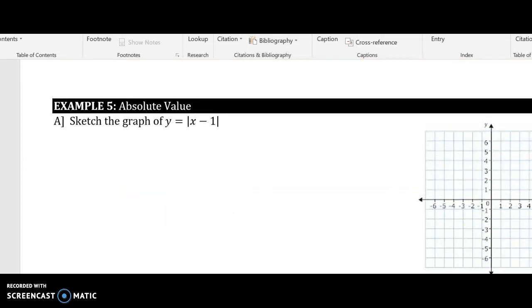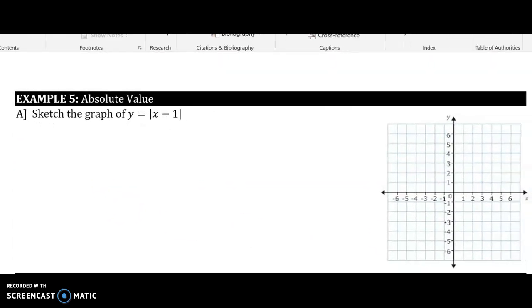Okay, now we need to graph this. It's an absolute value. Absolute values always look like V's. So the parent graph, or the standardized graph of an absolute value looks like this. If I plot points, I can find it without adjusting anything or knowing the parent graph.